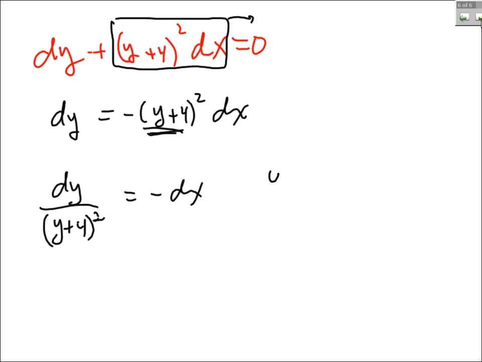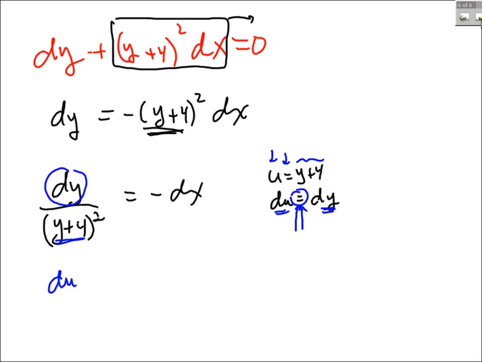Now, if I would have let u be y plus 4, then du was just dy. That I can call du. Those two horizontal lines have many meanings, one of which is I can call dy du. Now this is u because it said this is u.